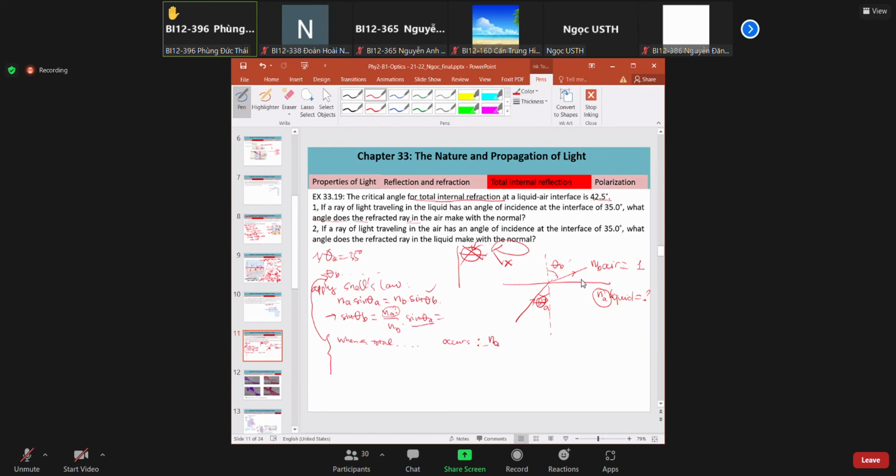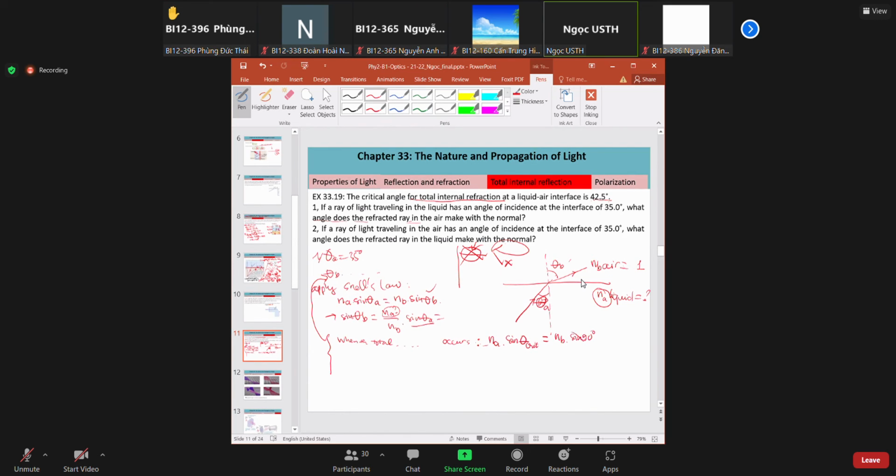We have NA multiplied by sine theta critical will be equal to NB sine 90, right?